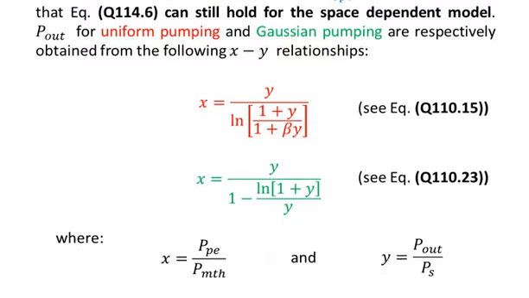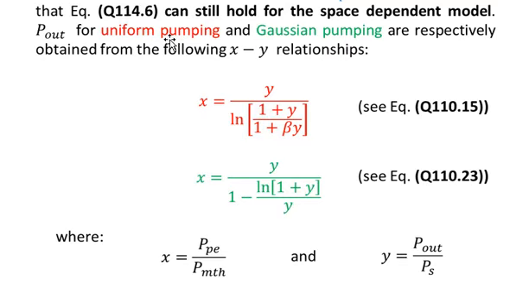So for the uniform pumping, I have used red color for that one, and this is given by over here. For the uniform pumping, this is the XY relationship, and for the Gaussian pumping, this is the XY relationship. And these relationships are valid for the space dependent case, for the uniform pumping shown in red and for the Gaussian pumping shown in green.